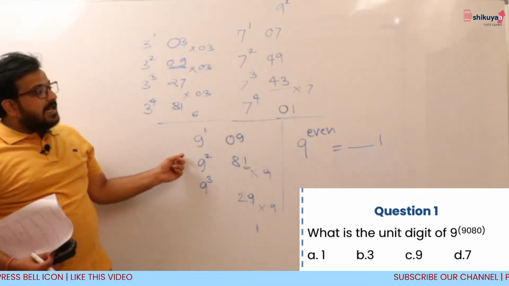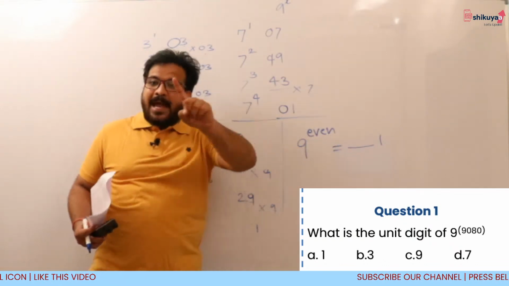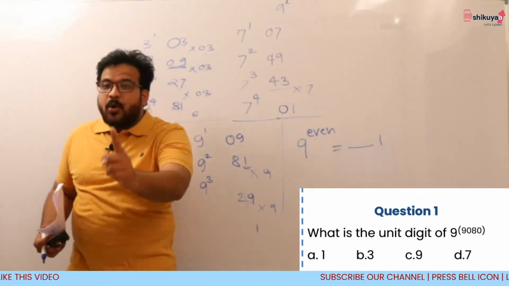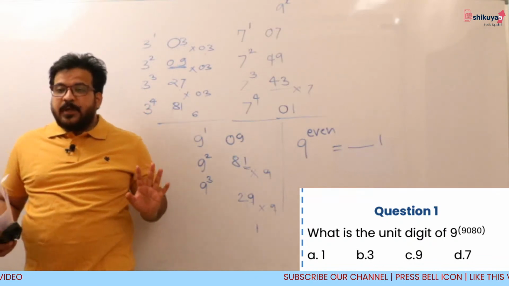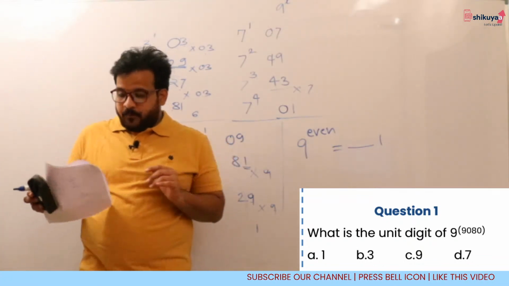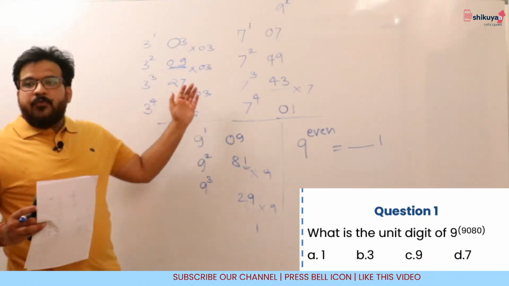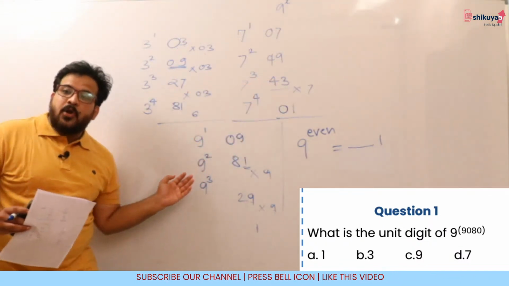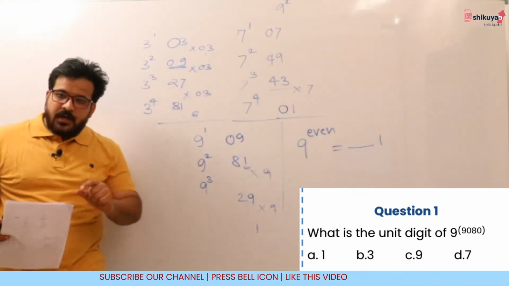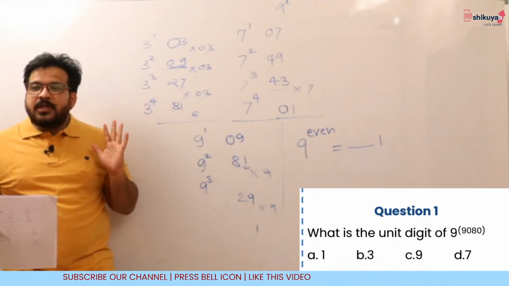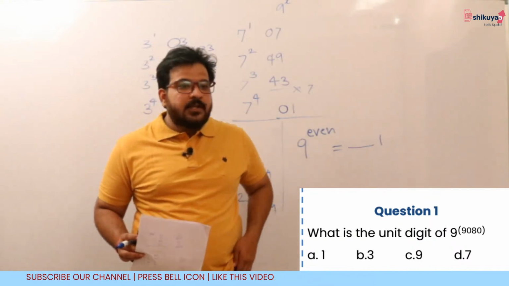Next point, 9 raised to even always ends in 1, and 9 raised to odd always ends in 9. This is very important. So if you have understood the fourth power of 3, the fourth power of 7, and the property of 9 raised to even and 9 raised to odd, type 1. Everybody in the session?